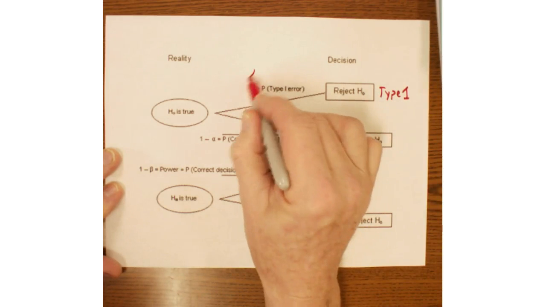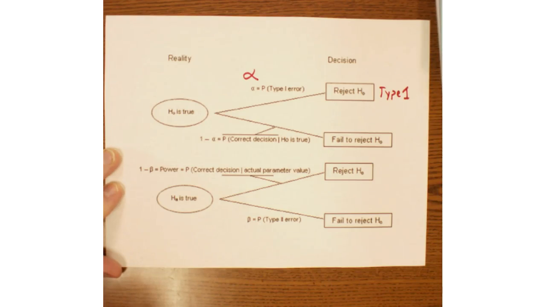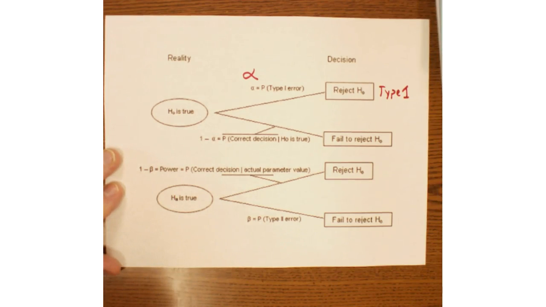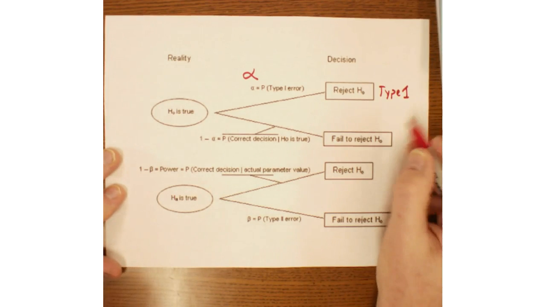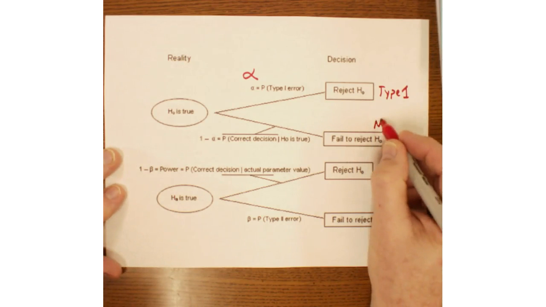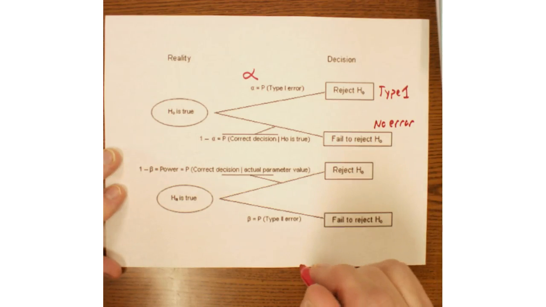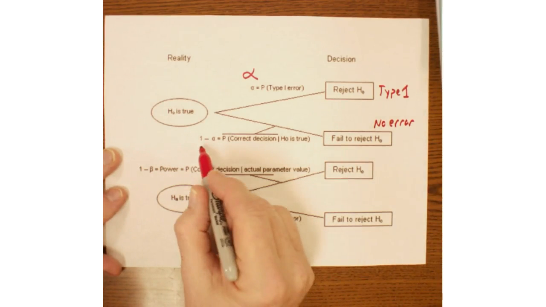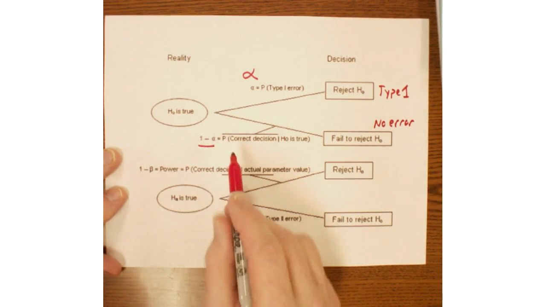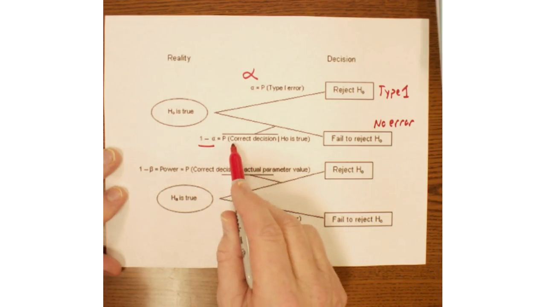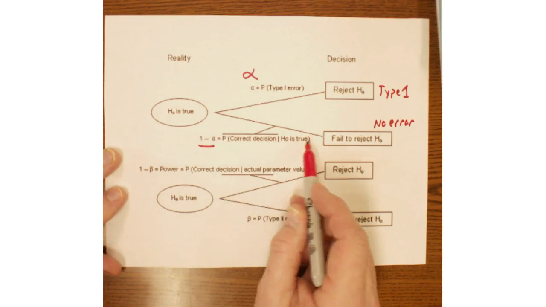And the alpha level is the probability that you make that type 1 error. If you fail to reject, there is no error made. And the probability of that happening is 1 minus alpha. It's the probability that you make a correct decision when H0 is true.